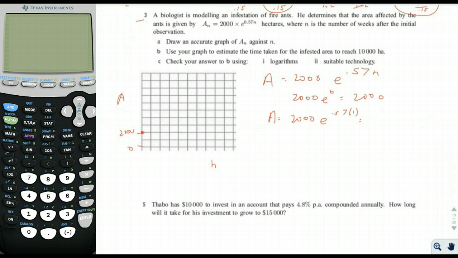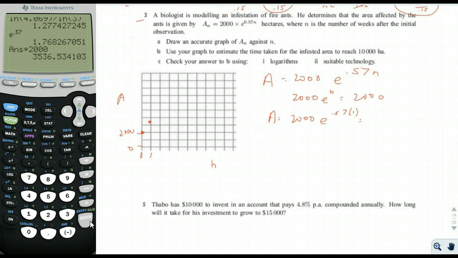So e to the 0.57 is equal to 1.768. If I multiply that times 2000, I get 3536, which would be about there.